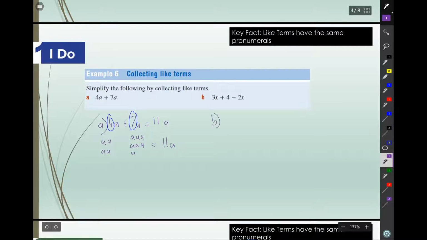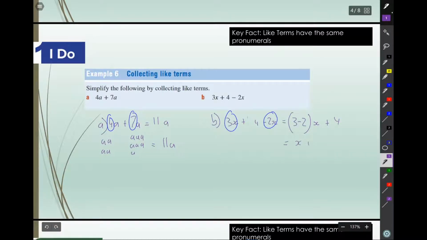Again, over here in this second one, we identify our like terms. Sorry, I wrote that wrong. We identify our like terms. We've got one here and one here. So now all we have to do is put together the numbers out the front. If you like, you can think of it like this. And then there's no like term for 4, so it just has to stay how it is.